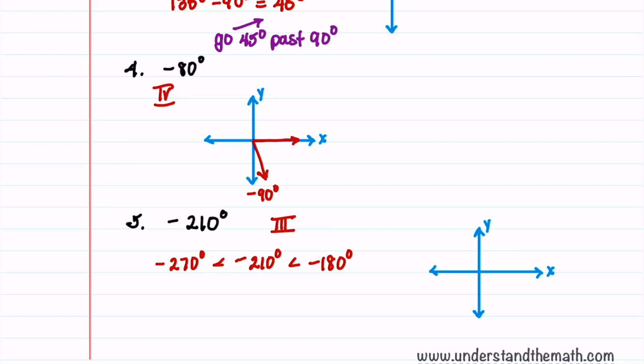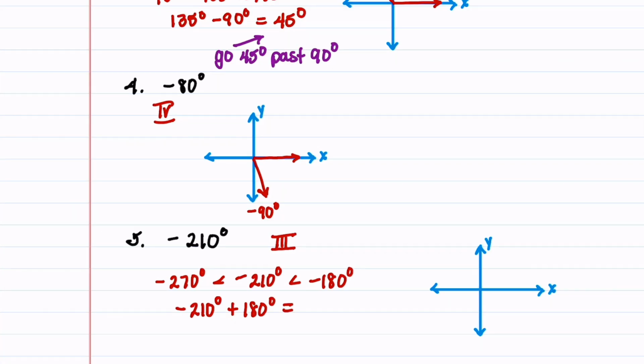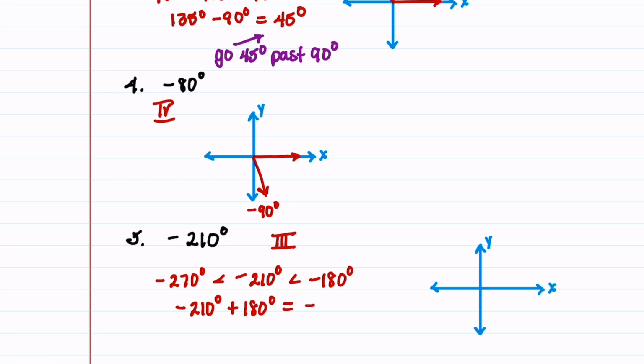And if we take minus 210 degrees and add 180 degrees, we end up with minus 30 degrees. So this means that we're going to go minus 30 degrees past minus 180 degrees.